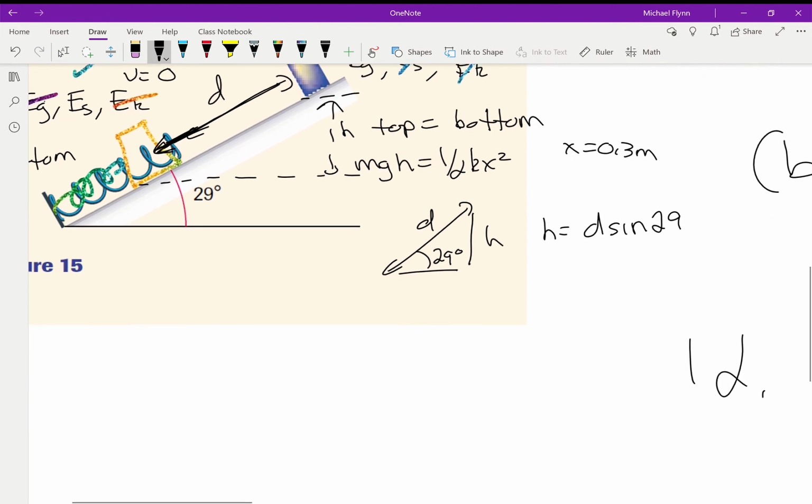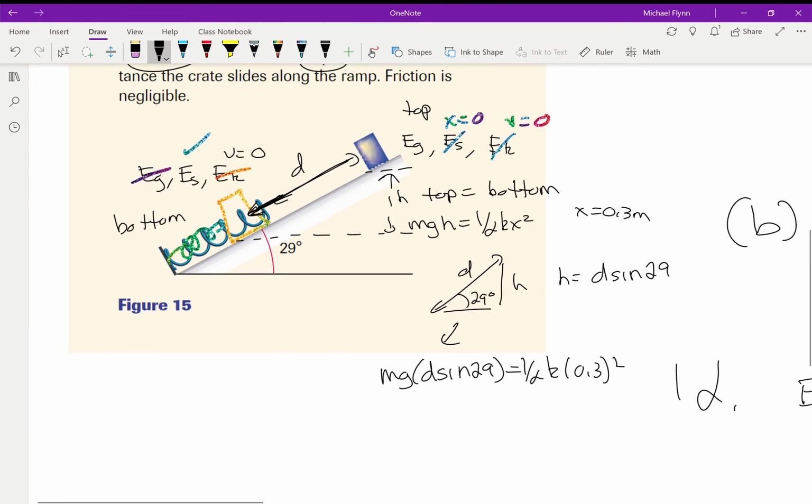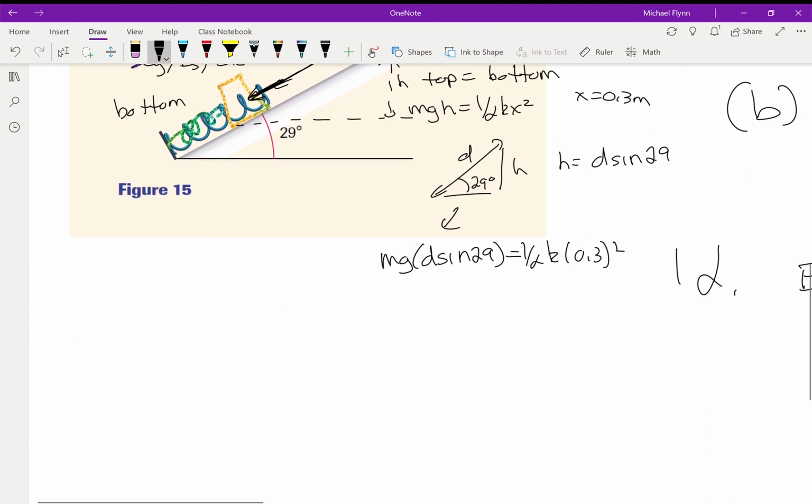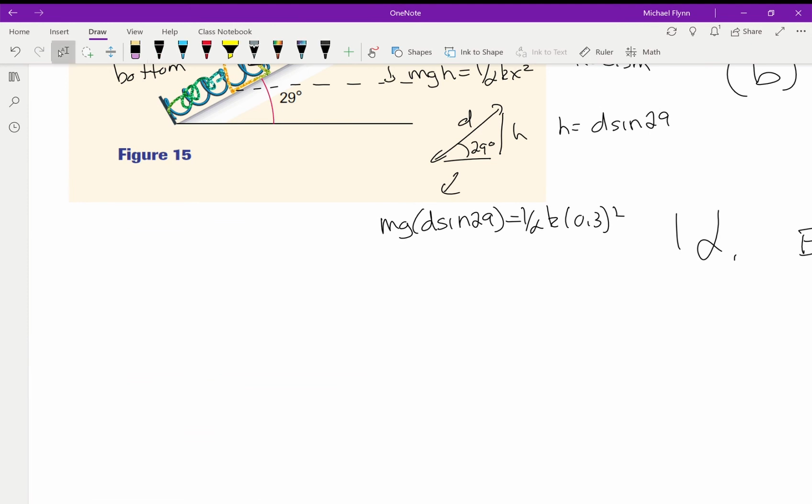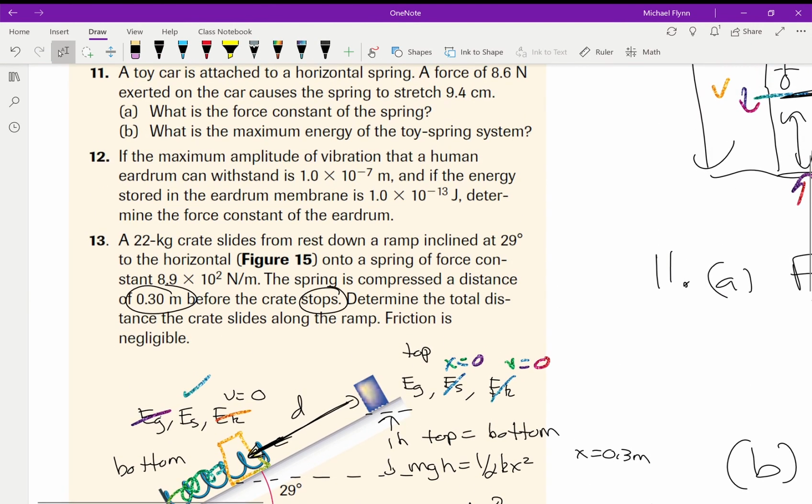Therefore, mg times h, which is d sine 29, has to equal 1/2 k times 0.3 squared. Now they tell us what k is, 890. And what's the mass? 22 kilograms.